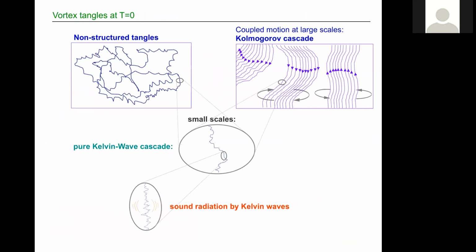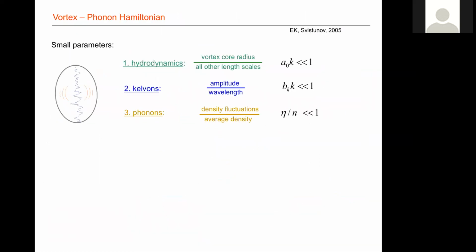There are a few control parameters which allow you to build a controlled Hamiltonian description of the interaction of vortices with phonons. One we're familiar with from hydrodynamics is that the vortex core radius is much smaller than all the other length scales. Then, as long as the Kelvin wave amplitudes are small compared to the wavelength, that gives you another small parameter.